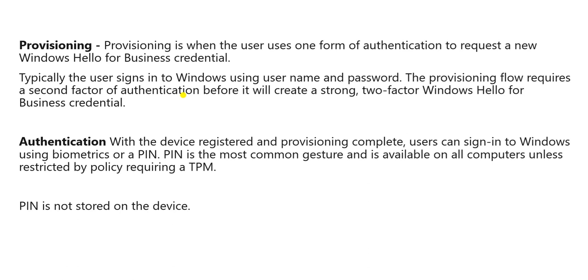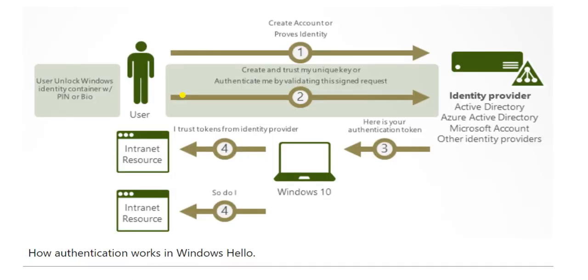The PIN will be available whichever biometric method you use. The PIN is not stored on the local device, but your biometric, like your face recognition or your fingerprint, will be stored locally.